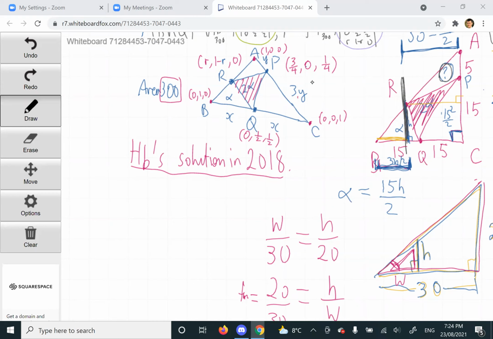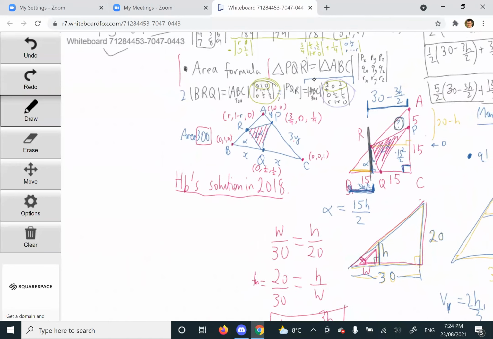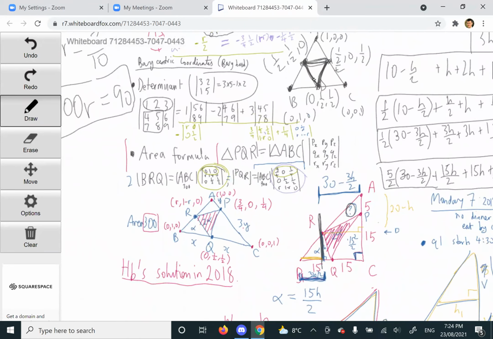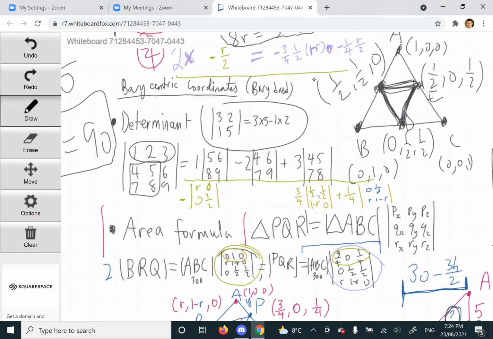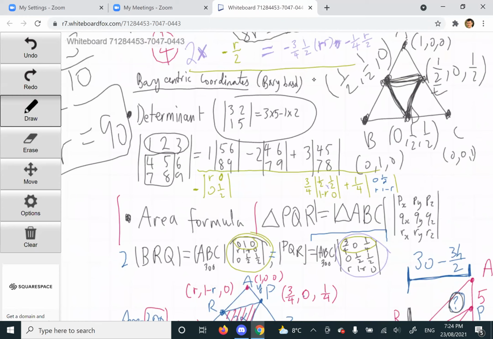Okay, so I'm going to hand this over. So what do you think of the Bary bash, Haibing? For this one, it's probably a good way to get used to it. Good way to learn it, right? Not necessarily a good way to try it in the exam. Don't try this in the exam.